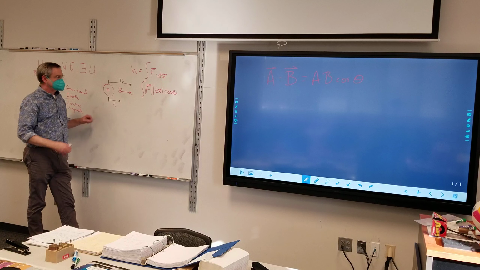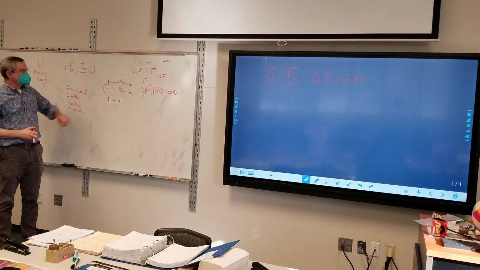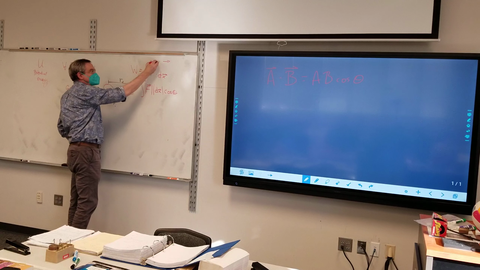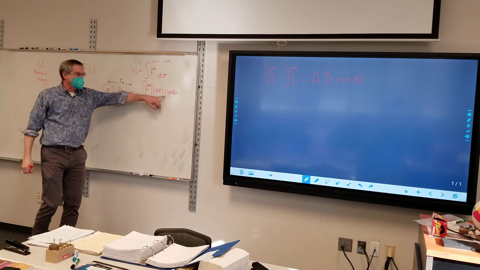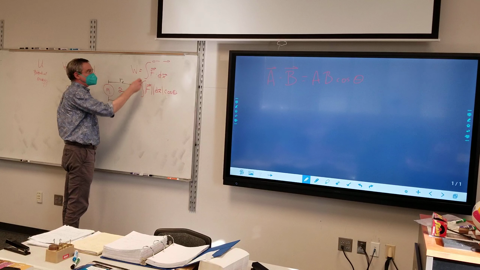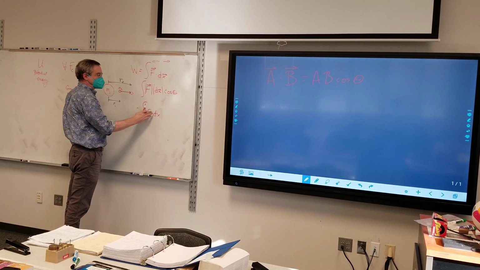And what is the direction of the force acting on it from the planet? The other way. So what is the angle between them? 180 degrees. And what's the cosine of 180 degrees? Negative one. So this just becomes the negative integral of F dx.